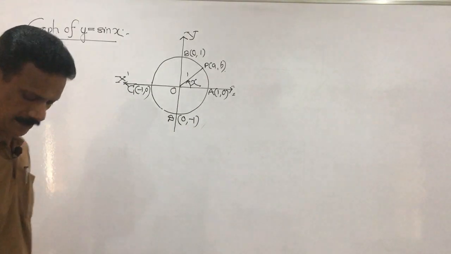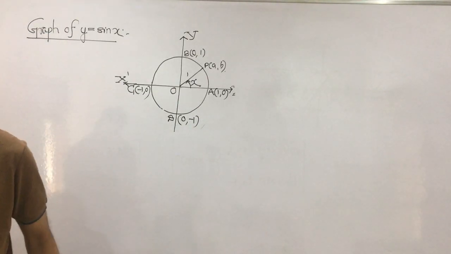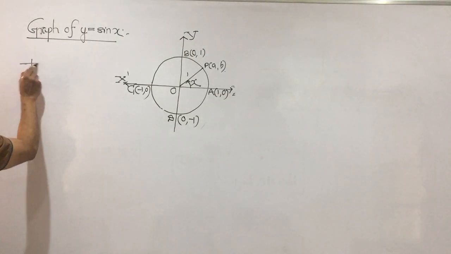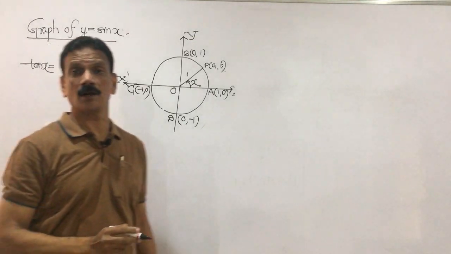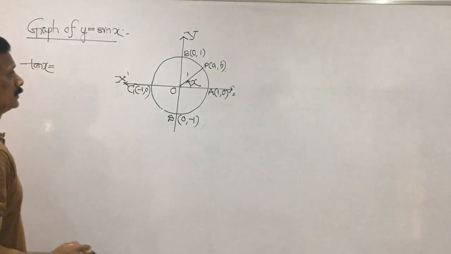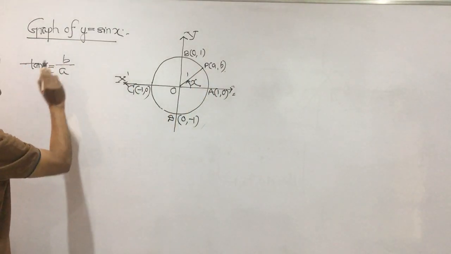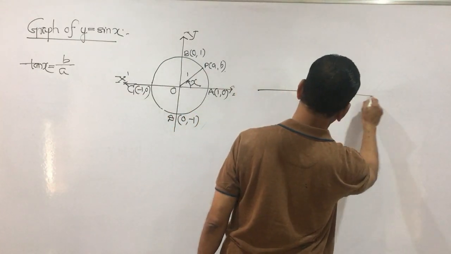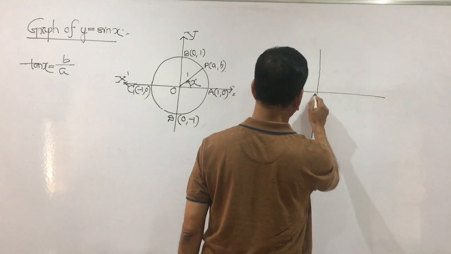So next I am taking tan x. And you know that the value of tan is ordinate divided by abscissa. So ordinate is b, abscissa is a, b divided by a. So here I take that one. This is the x axis, here is the y axis, and here is the origin.